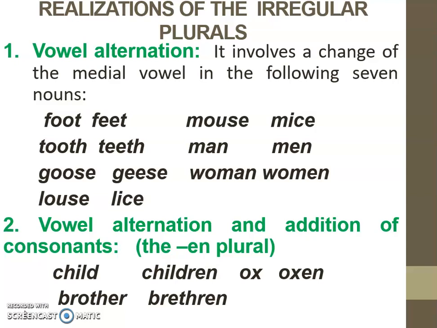Phonologically speaking, we say that these are cases of realizations of the plural morpheme and past morpheme by means of a phonological process which is not assimilation. And we call this phonological process a non-productive process.